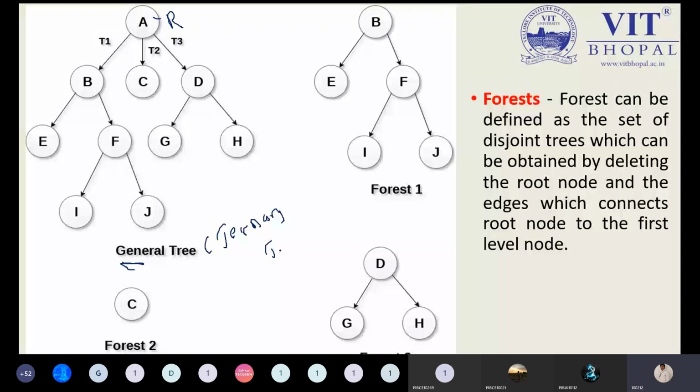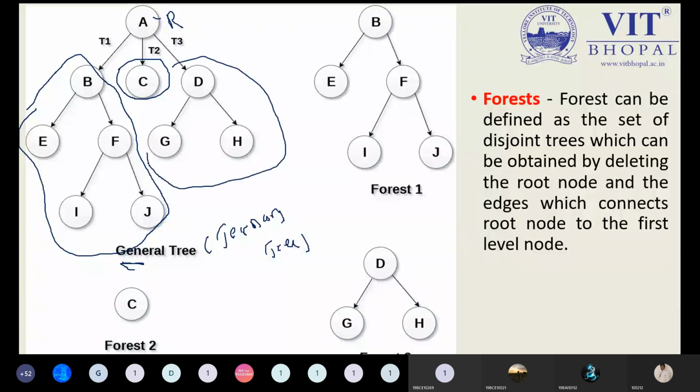Why is it known as a ternary tree? Because it is represented by three subtrees, and those are, please keep in mind, this is recognized by one subtree, and this is only one node, and this is the third tree.